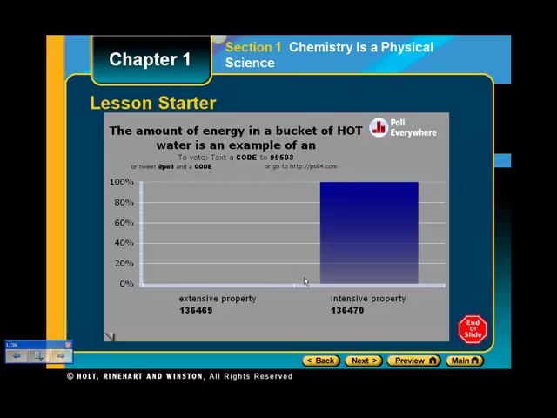Okay, so here's your poll question for today. The amount of energy in a bucket of hot water is an example of an intensive property or an extensive property. So text in your vote to 99503. I'll say that. 100% of you, it's an intensive property.